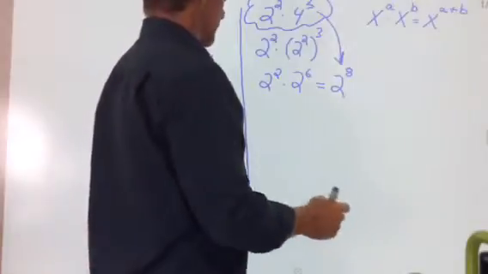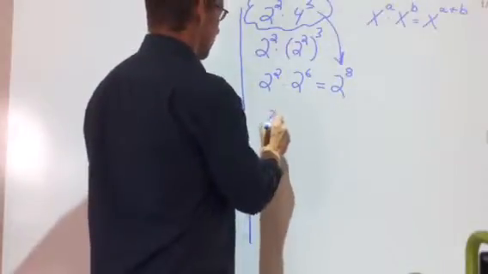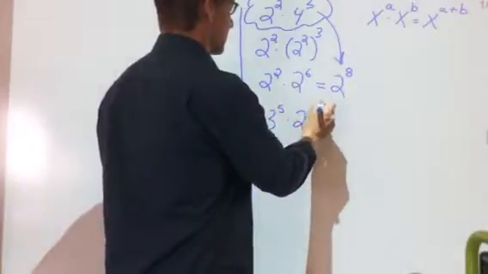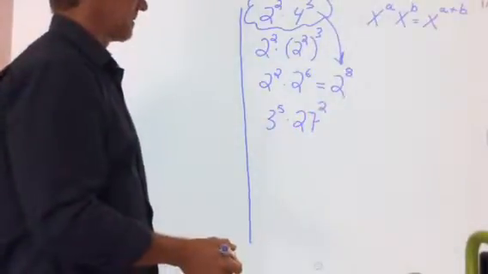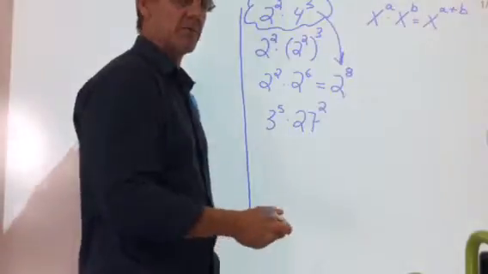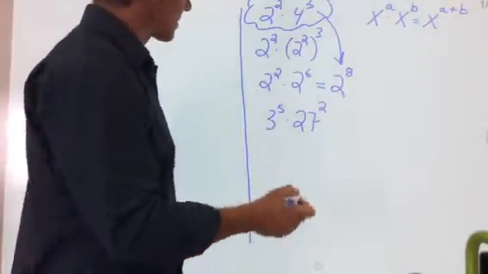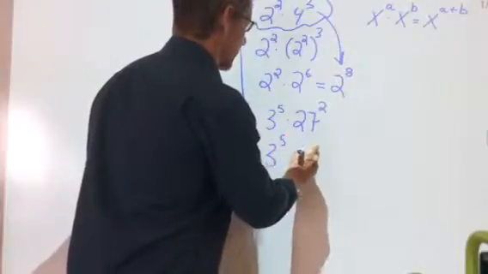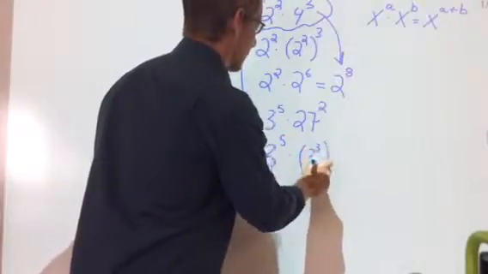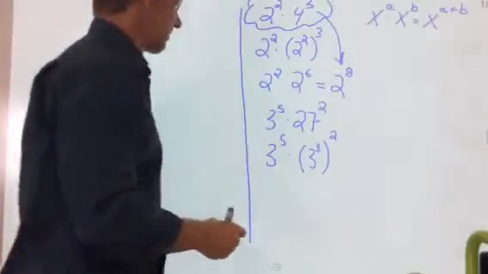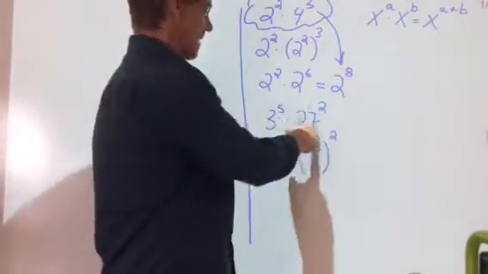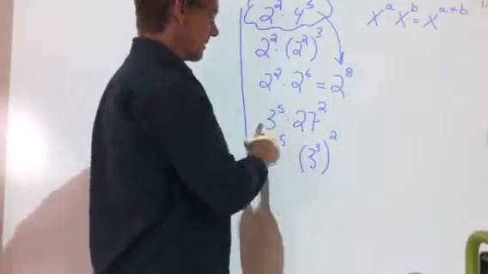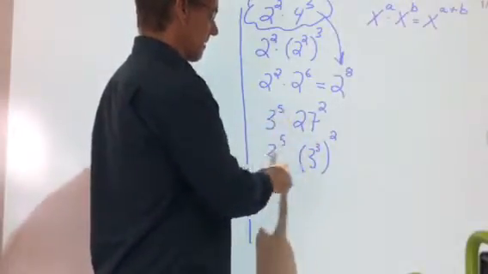Let me do one more example of that. Let's take 3 to the 5th times 27 squared. This is where knowing your perfect squares and knowing your cubes come in handy, because we can see that 27 is really 3 cubed, so we can modify this expression, not change it, just modify it and rewrite it.